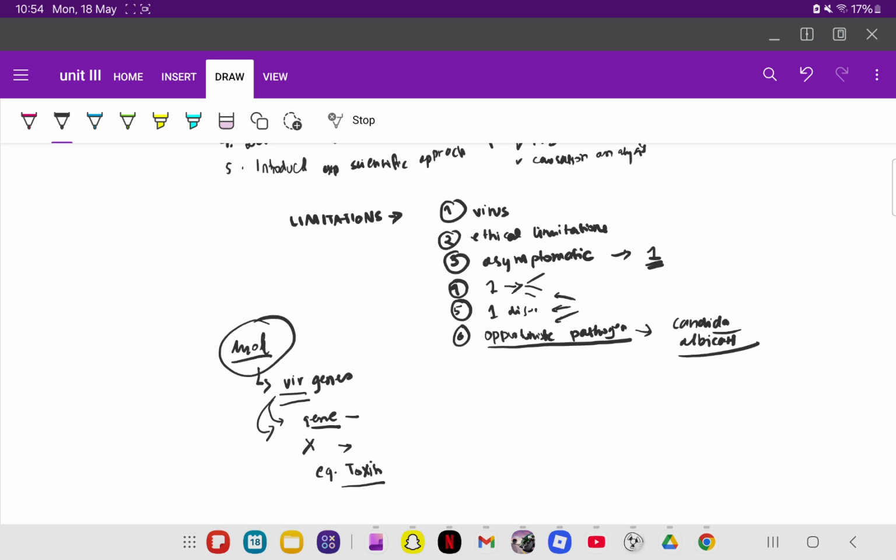But some diseases only manifest in humans, and you can't just infect a person with a potentially deadly disease, right?